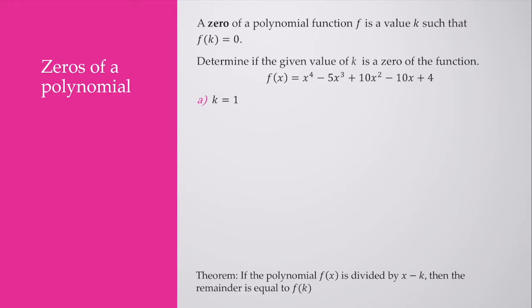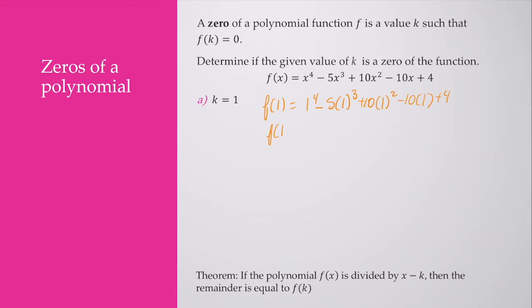A zero of a polynomial function f is a value k such that f of k equals 0. So let's determine if k equals 1 is a zero of the function f of x equals x to the fourth minus 5x cubed plus 10x squared minus 10x plus 4. So let's take f of 1, which is 1 to the fourth minus 5 times 1 cubed plus 10 times 1 squared minus 10 times 1 plus 4.